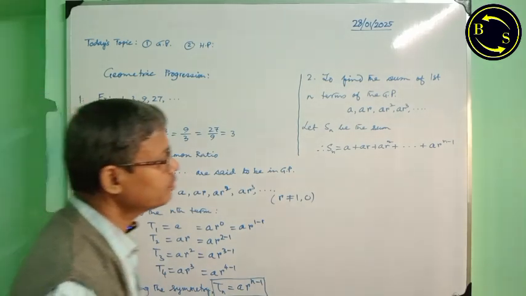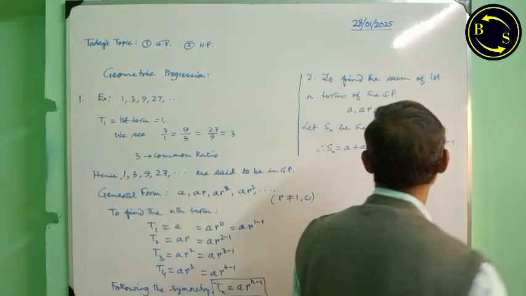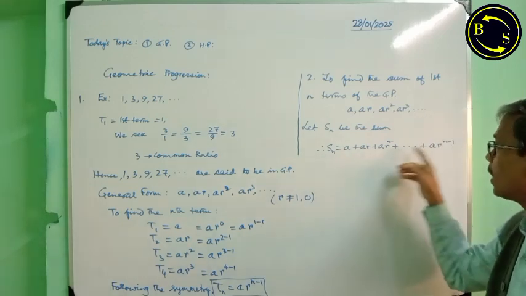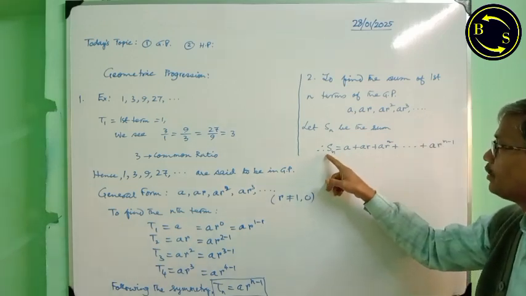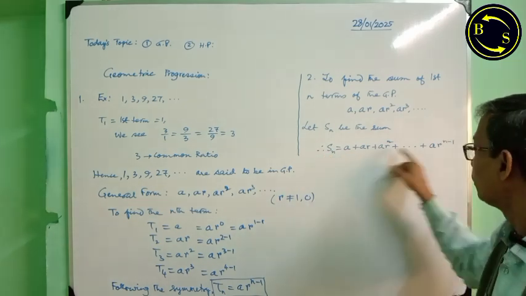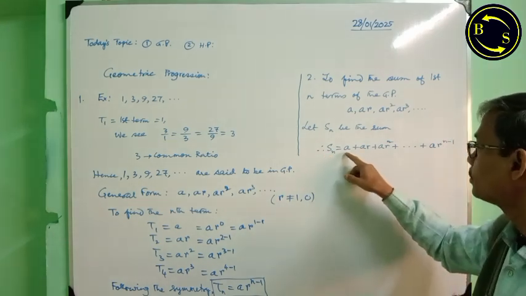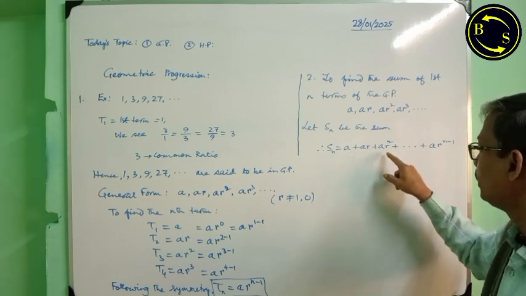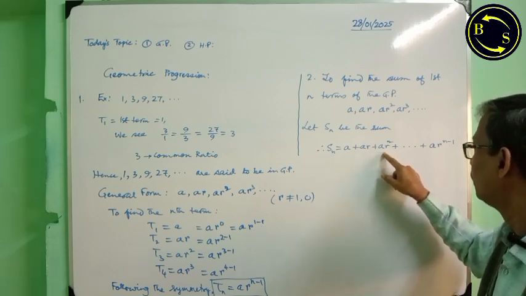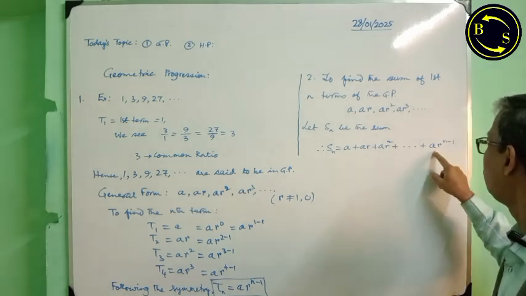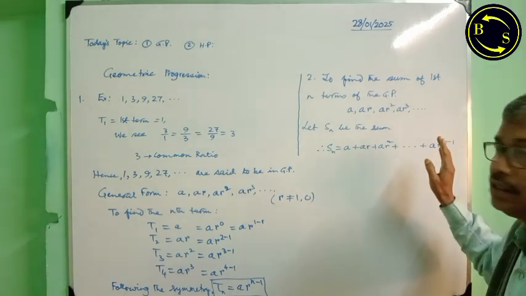Now, our observation is, if we multiply both sides by r, then left hand side will be r into Sn, and on the right side the products will be ar, in this case ar square, in this case ar cube, etc., and it will be a into r to the power n.